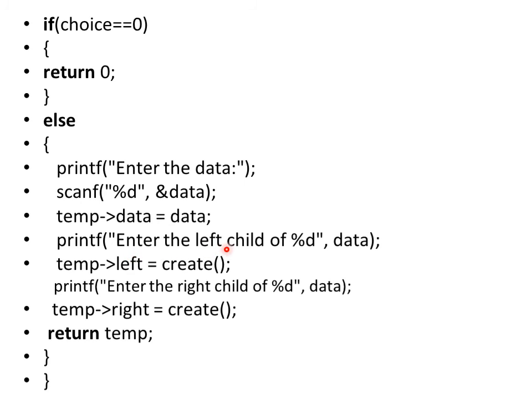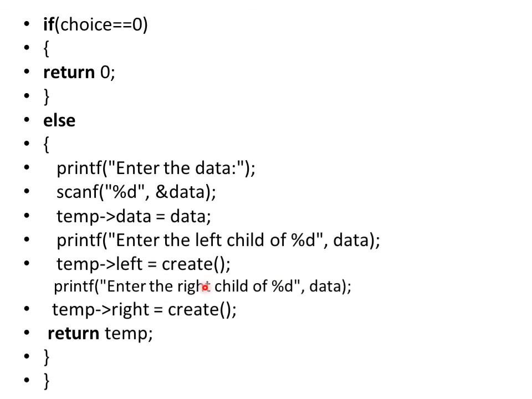Now printf enter the left child. Now I have said that we should always begin from the left of the root node. For that reason, enter the left child of %d data. I am beginning from the left and temp of left equals create. Now I am creating a left node.